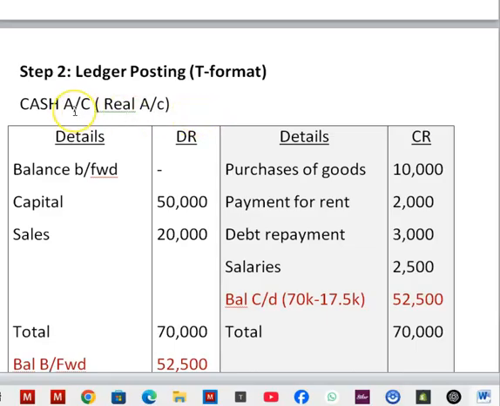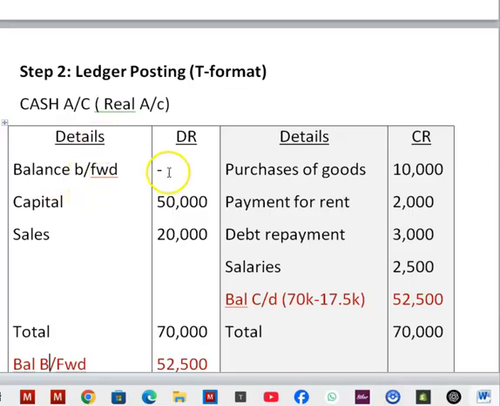The cash account, which is the first ledger account we are opening, is a real account. Remember, we said every real account is a debit account, which includes the assets and the expenses accounts. So this is an asset, a current asset, so to say, with a debit balance.